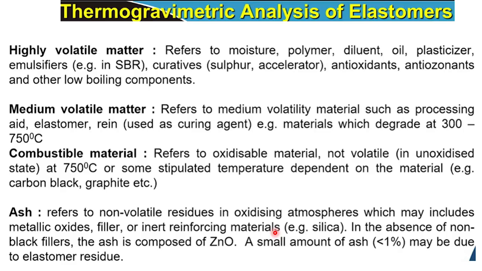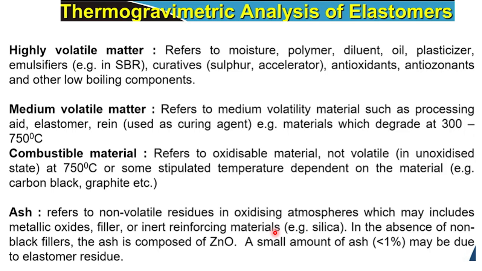For high volatile matter, that is the amount of processing aids, curatives or antioxidants or other low boiling solvents or components present inside the polymer material, they will evaporate first, and you will get the weight loss from TGA at a low temperature range.